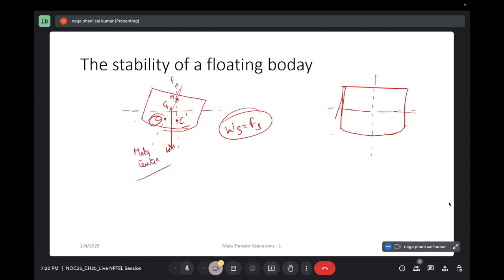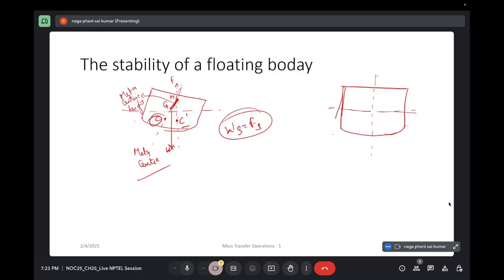And this distance GM will be called metacentric height. Okay, so this will be passing through point M.